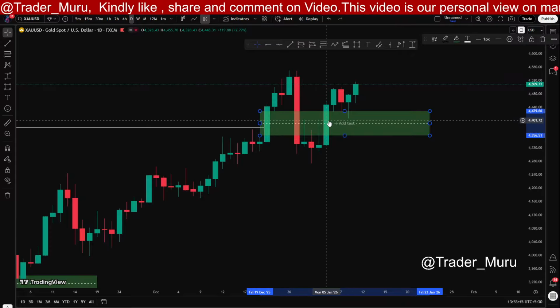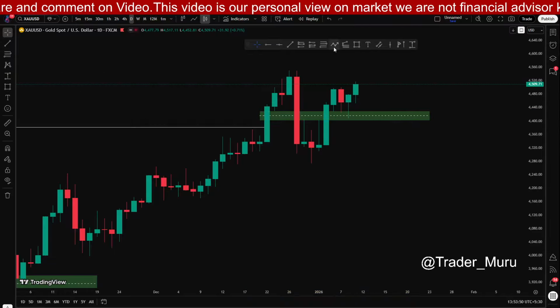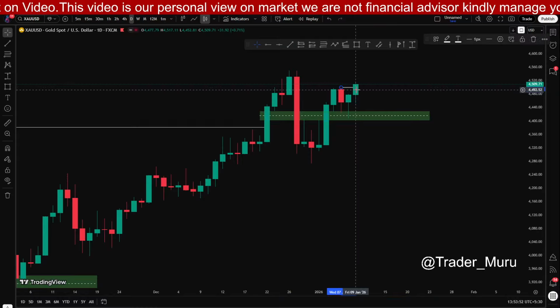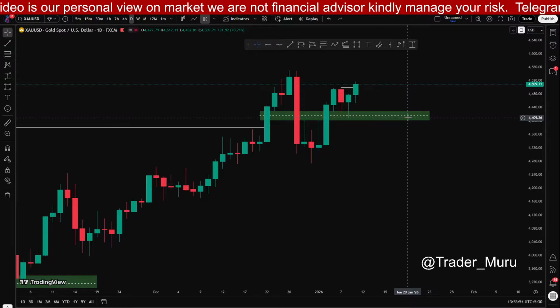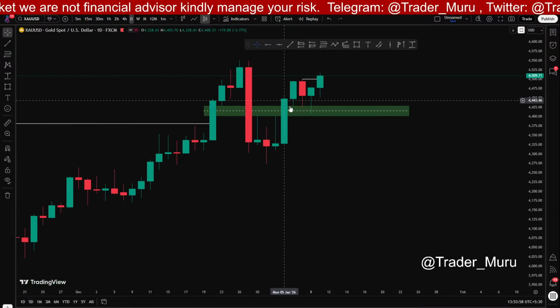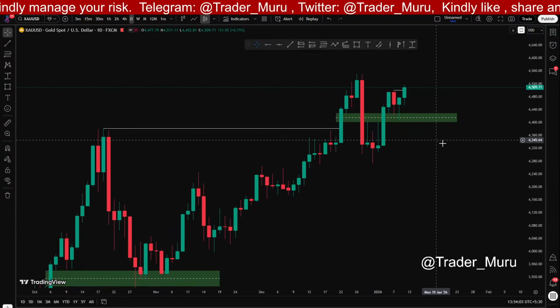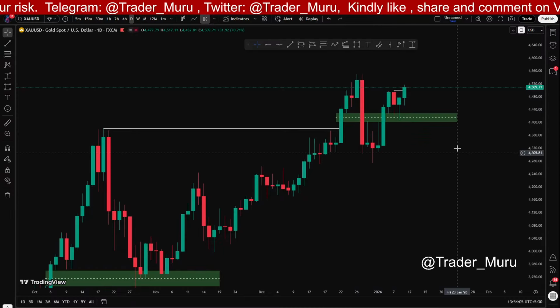IFVG, again the IFVG, retest of that zone, again pump. I don't use FVG much. I use structure only. This is just to tell you that now price will continue its momentum, and for entry you need structure.